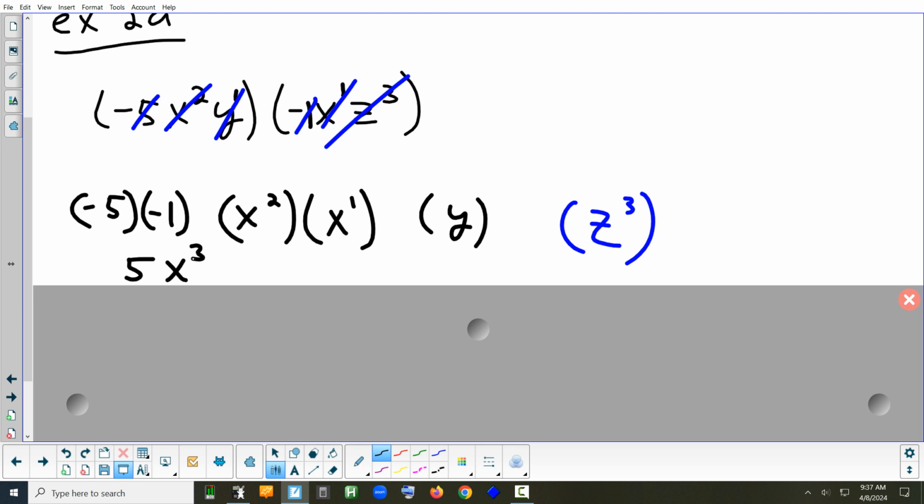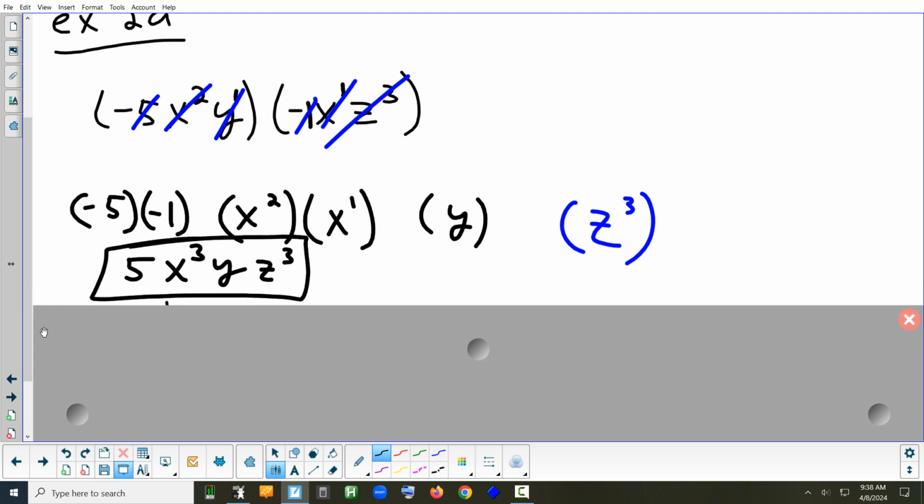Yeah, we're just going to put it on the end. There's nothing you can combine it with, so it's just going to be a y. And then what about the z cubed? Yeah, just by itself. We're just going to put that right on the end because there's nothing we can combine it with. And that's it. That's your final answer.